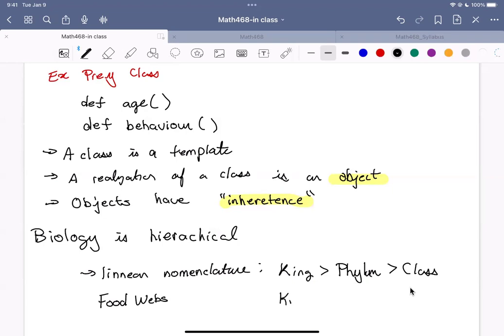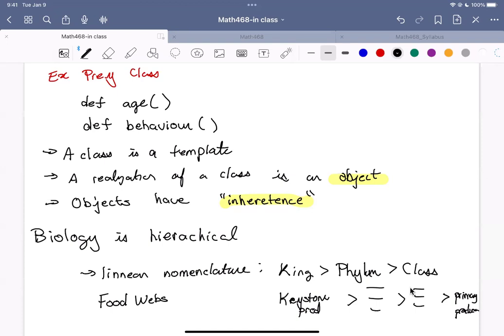So we might have our key zone predator, and then you could actually have multiple things at these different levels, and then like your primary producers here. Now, of course, this is not strictly hierarchical, but object-oriented programming can still be very important for trying to program something like a food web. So those are just two examples of many, many, many examples.